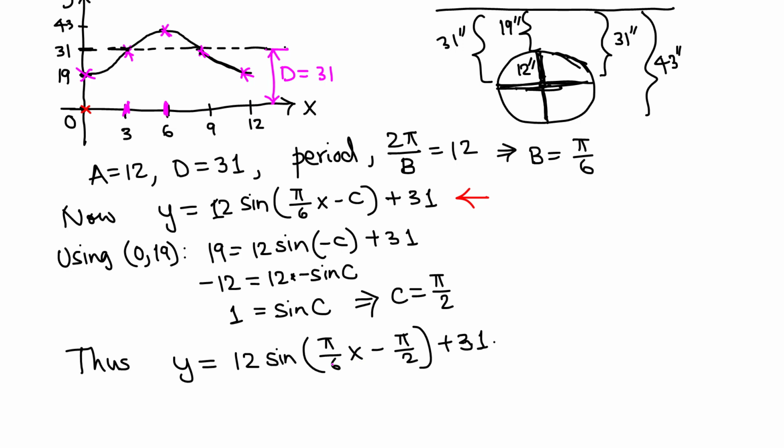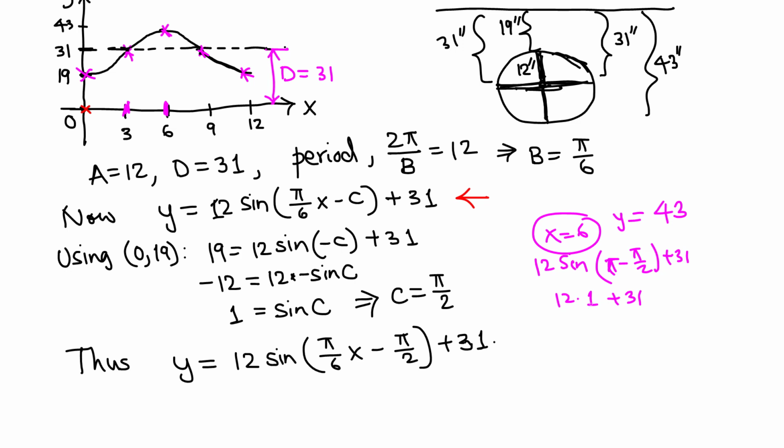So if we plug in 6, 12 sine of pi over 6 times 6, the 6s cancel, pi minus pi over 2 is pi over 2, and sine pi over 2 is 1. 12 times 1 is 12, plus 31 is 43. That's what we want. So our answer is correct.